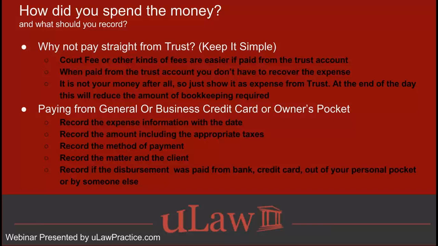Regardless of these three different types of general accounts that you pay out of, it's very important that you record the expense information with the date, the amount with the appropriate taxes, and that's very, very important with the taxes, the method of payment so that you can always reconcile and figure out where the money came out to begin with.